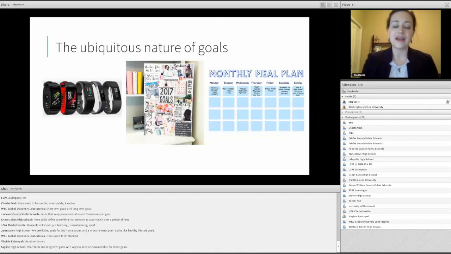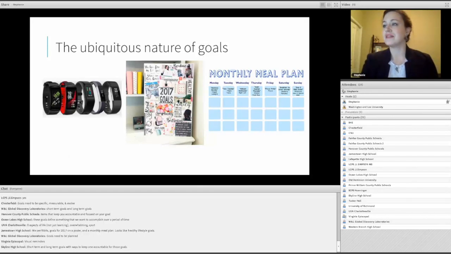I love that, especially when we set goals for ourselves. This is true for humans, not just us as teachers, not just our students as students, but just us as humans. Sometimes it can be hard because change is hard work to remember your goals. And so things like a meal plan, things like a vision board, or even like a Fitbit are good reminders to stick with the goals that you thought for yourself.